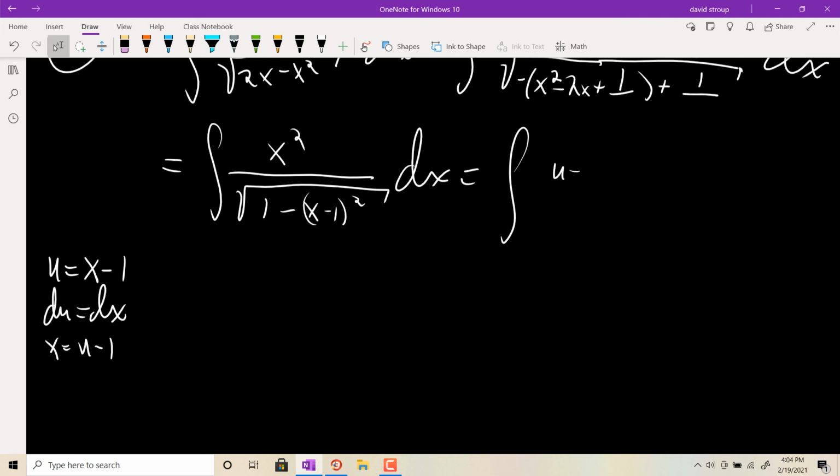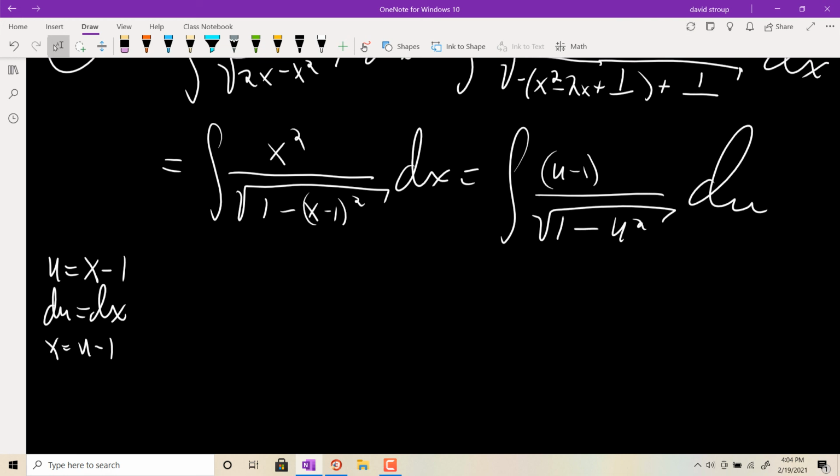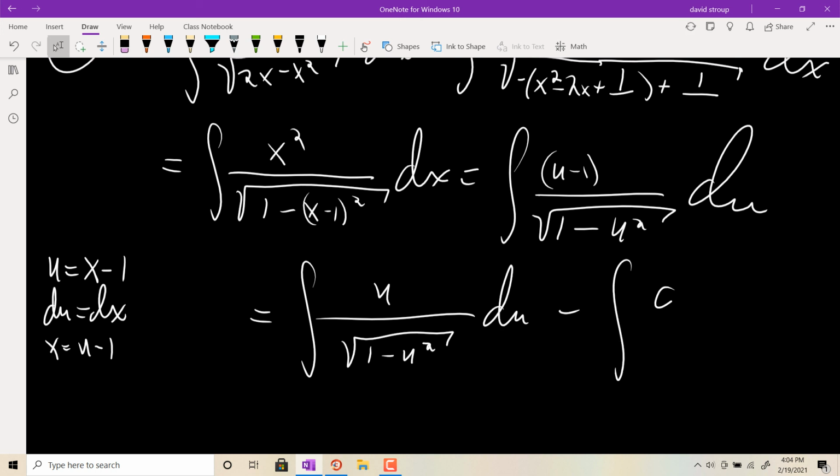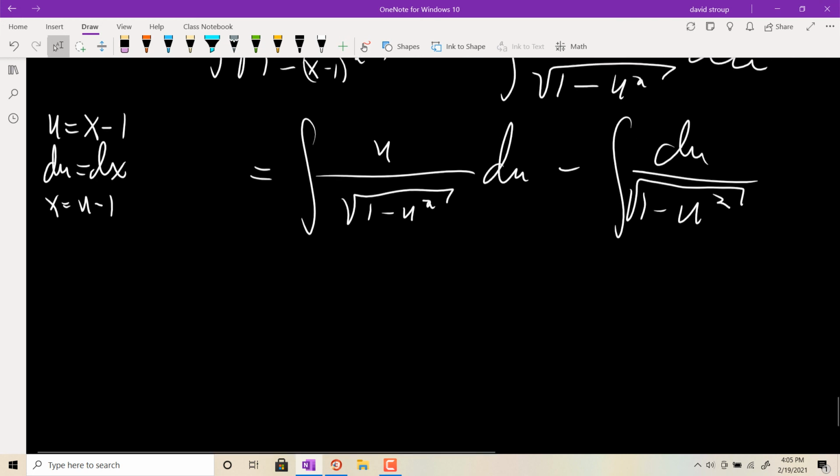So this would be u minus 1 all over the square root of 1 minus u squared du. And then you could rewrite it as u all over the square root of 1 minus u squared du minus the integral of du all over the square root of 1 minus u squared. That's just sine inverse of u.